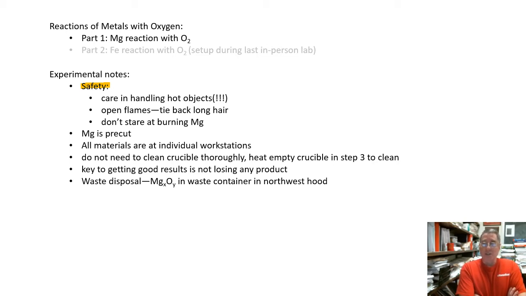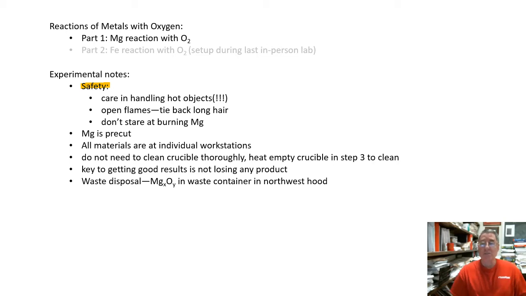But especially for this lab, it's care in handling hot objects, just like you would if you're making pizza at home in the kitchen, right? And you've got the oven at 450 degrees. Well, these crucibles and a Bunsen burner can get a lot hotter than that. So this is pizza oven hot, like at a fancy pizza place, even hotter than that.